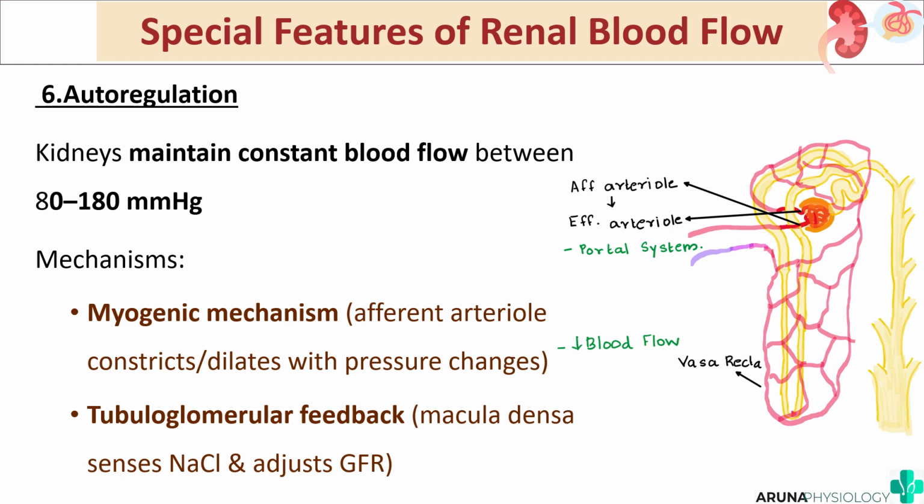I've explained autoregulation separately in another video, so if you see that, you'll understand this concept more. But as a short note, you just have to mention it. You don't have to explain the whole thing here, because the question is special features of renal blood flow.